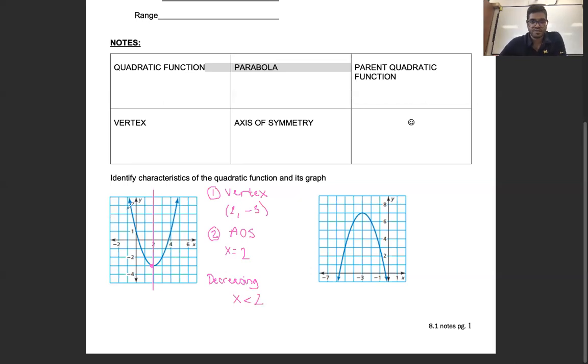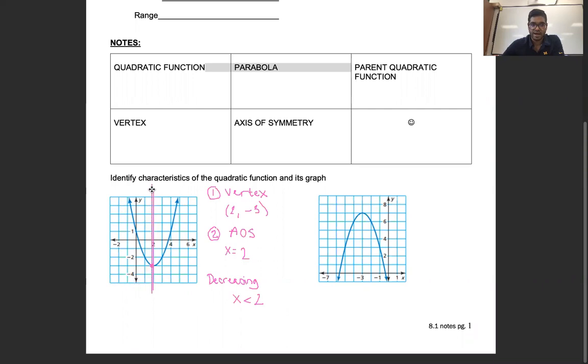The way you want to think about this is, if you have a little ruler or straight edge, and you move it along the graph, what is happening? Is my graph decreasing or increasing as I move this pink line along? It's starting off high and getting smaller and smaller, so it's decreasing.